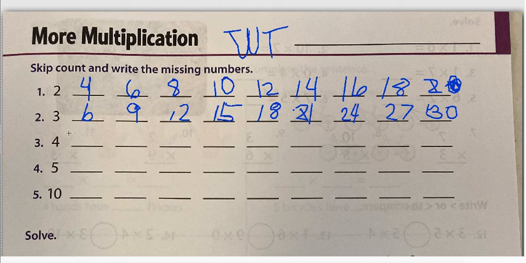4 plus 4 is 8. Now, when you add 4 to 8, what do we have? 12. When you add 4 to 12, you have 16. And when you add 4 to 16, we get 20.